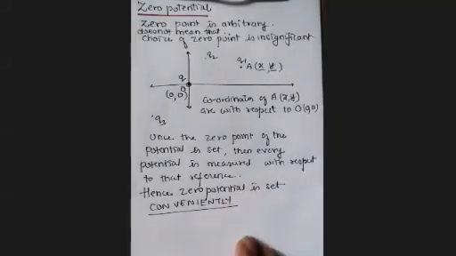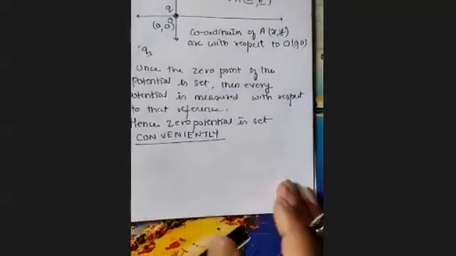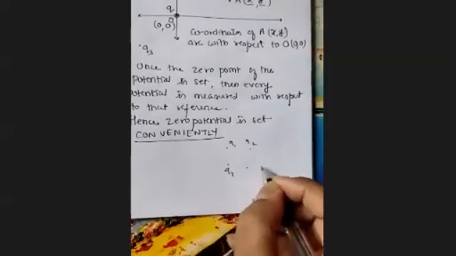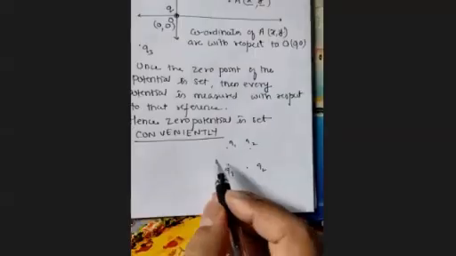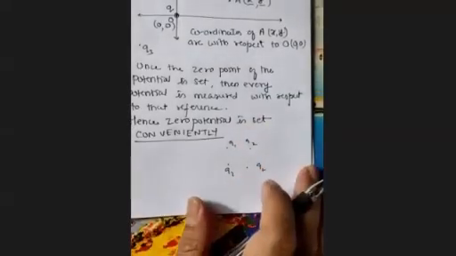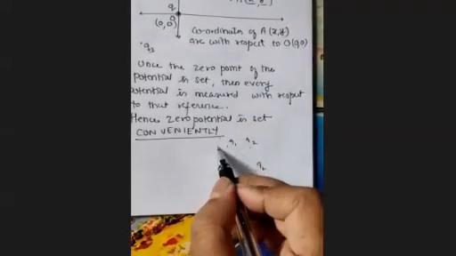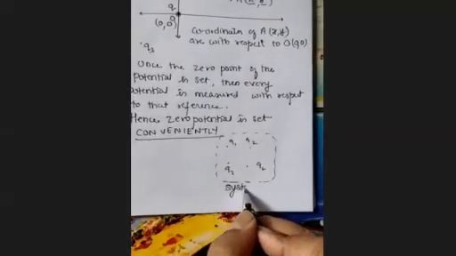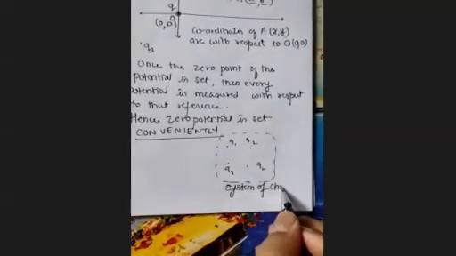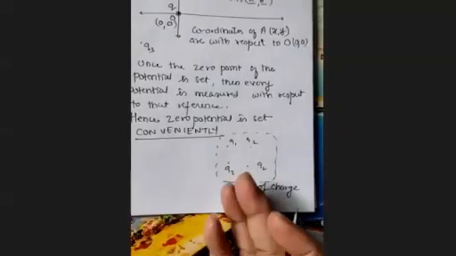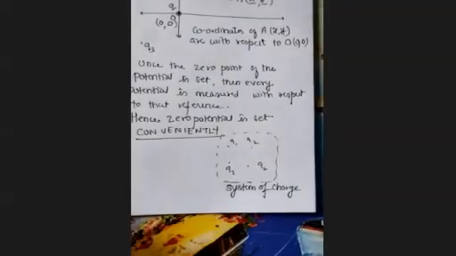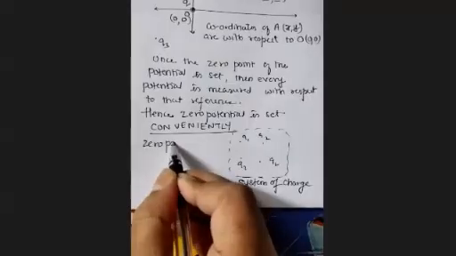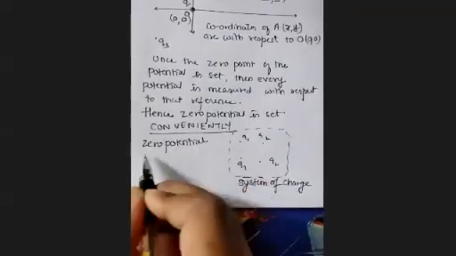When we consider a system of charges, suppose we have charges Q1, Q2, Q3, Q4, and we are discussing them as a system of charge, so where is the zero? Zero is at infinity.